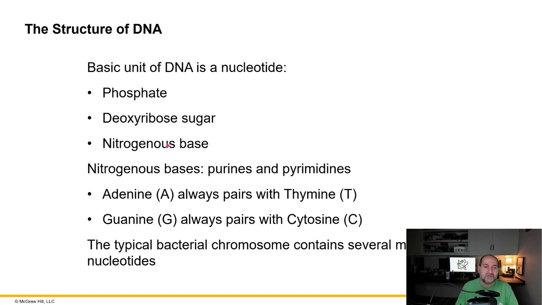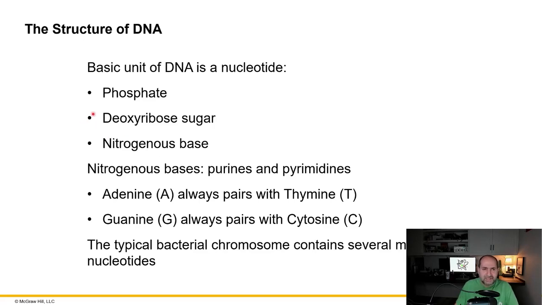The only difference with RNA is that there is ribose sugar instead of deoxyribose sugar. And in RNA, instead of the nitrogenous base thymine, we have the nitrogenous base uracil. Otherwise, the basic unit is the same for DNA and RNA.